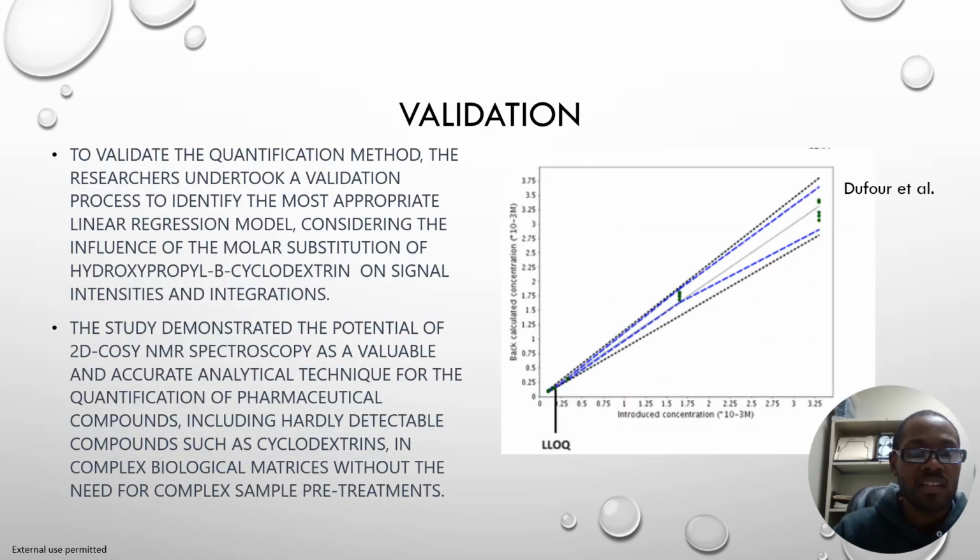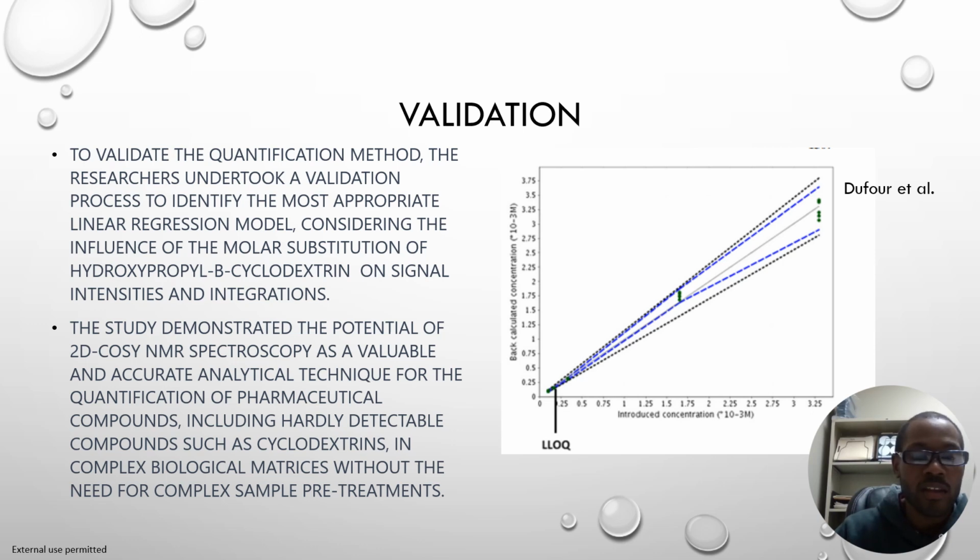So how do we know this method is valid? To validate and qualify this method, researchers undertook a validation process to identify the most appropriate linear regression model, considering the influence of the molecular substitution of the hydroxypropyl beta cyclodextrin on the signal intensities and integrations.